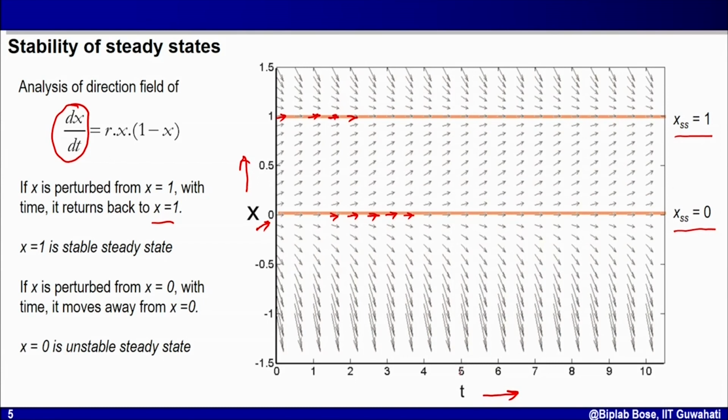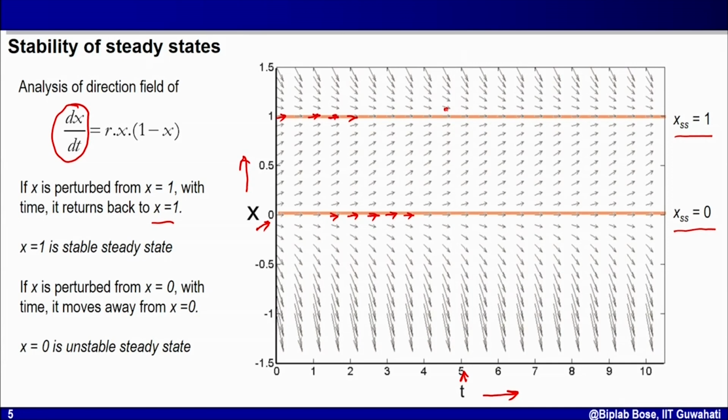Suppose I am at time point 5 and I am at the steady state of x equal to 1. So the system is at steady state. I pull x a bit higher and drag it here, slightly high.